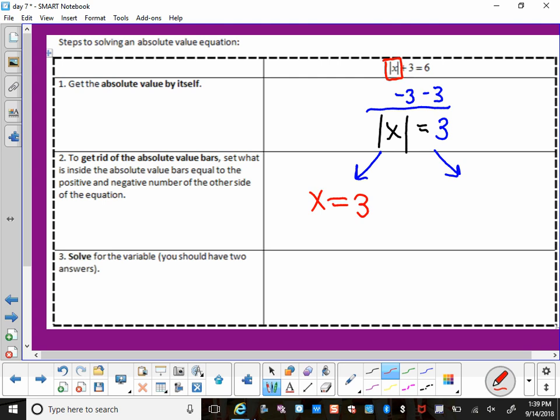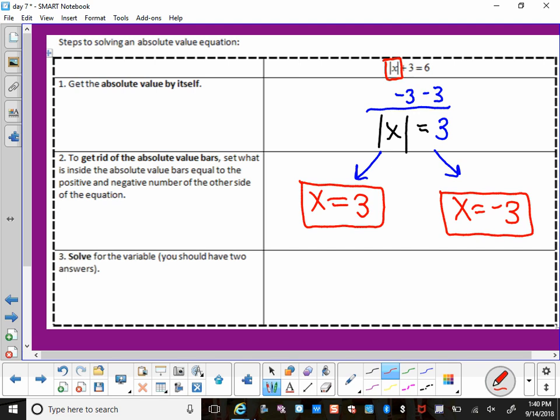For my second equation, I drop the bars and I change my sign. I take the opposite. Is there anything else to solve here? No, it's already an x equals. So this is my answer. You should always have 2 answers for absolute value.